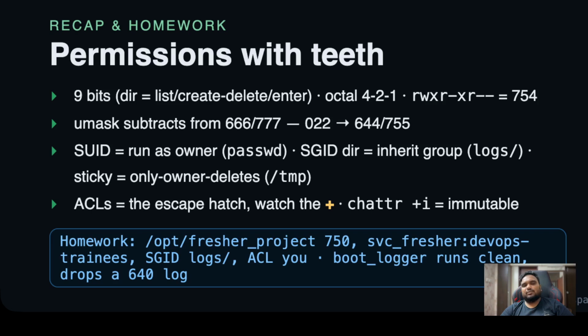Three questions before we close. Convert rwxr-x--- to an octal and 640 back to symbolic. What does SGID do on a directory and why did we put it on logs, and what does chattr +i protect against that plain permissions can't?